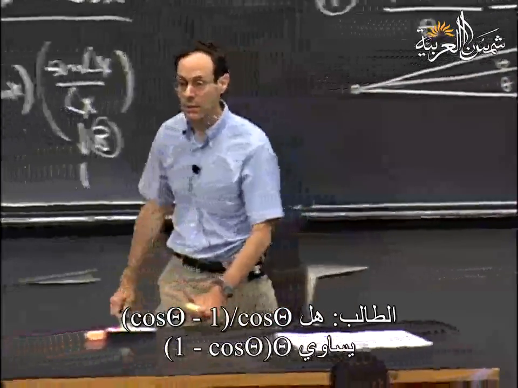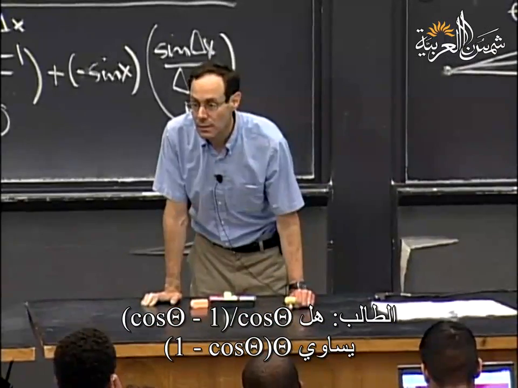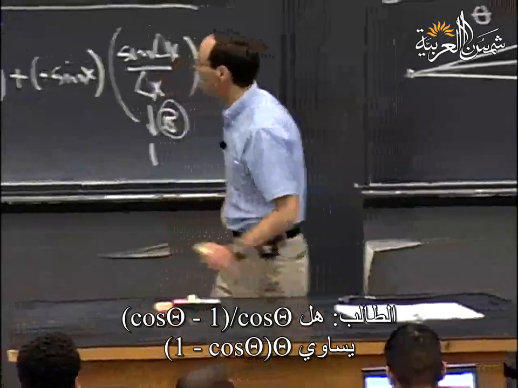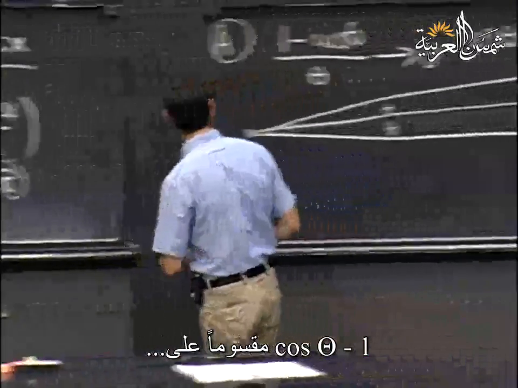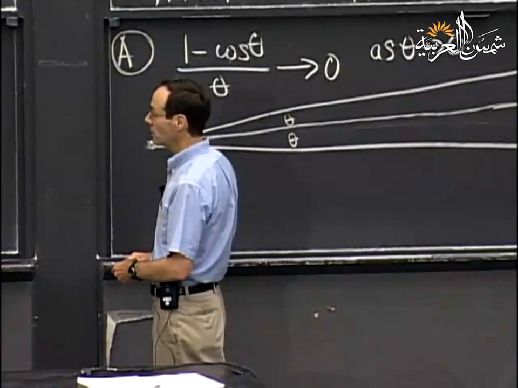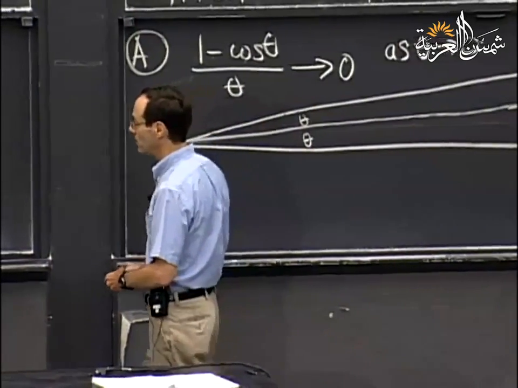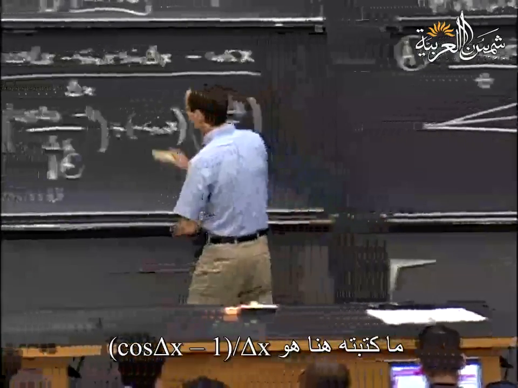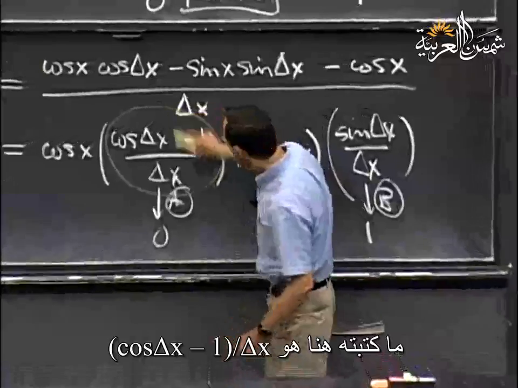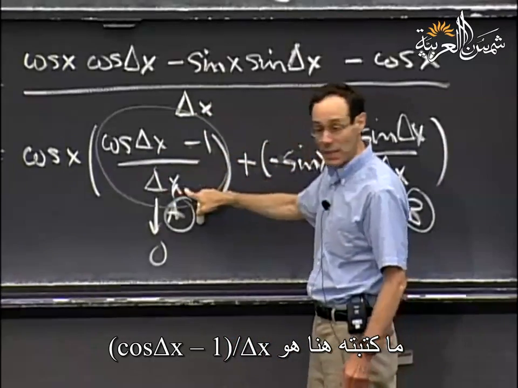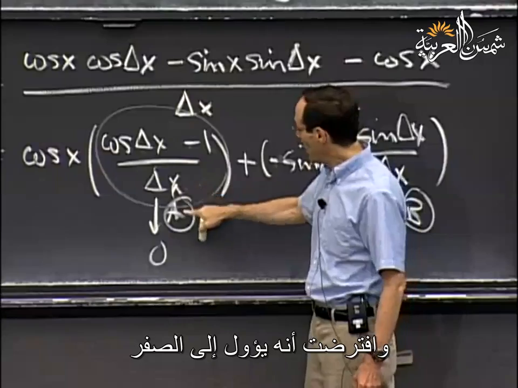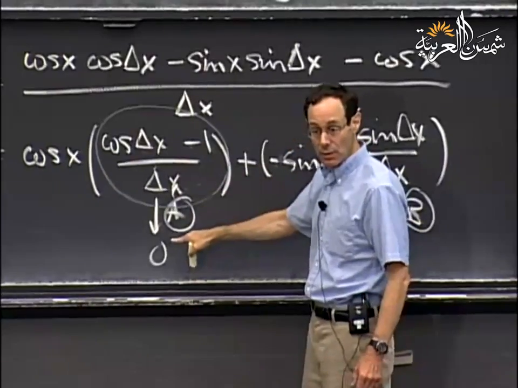Cos theta minus 1 over theta is the same as 1 minus cos theta over theta? So here, what I wrote is cosine delta x minus 1 divided by delta x. Okay? And I claim that it goes to 0.